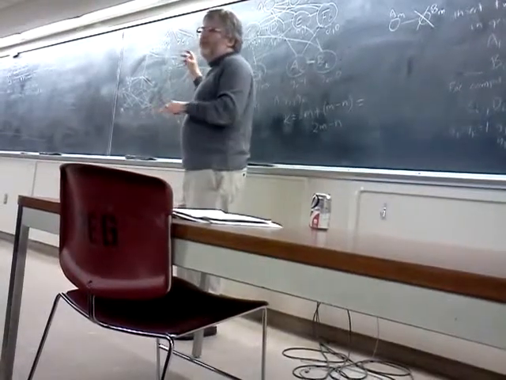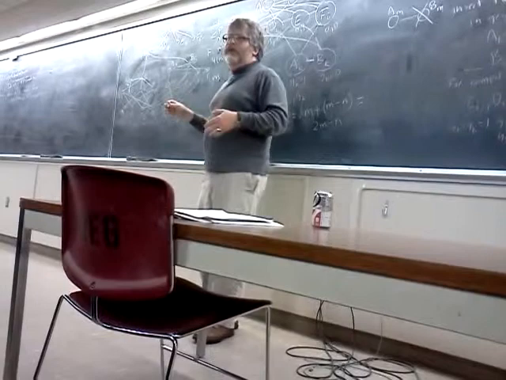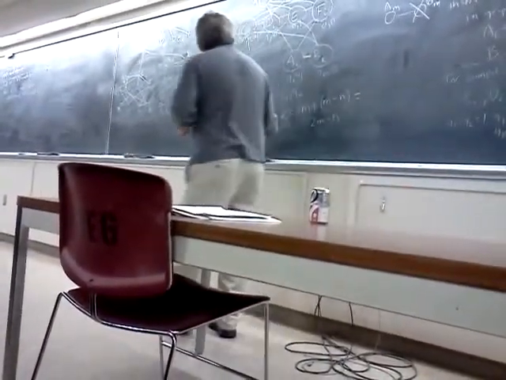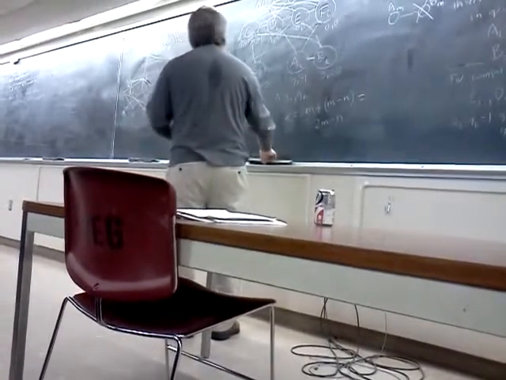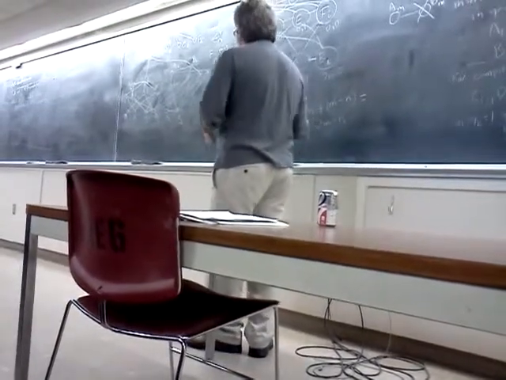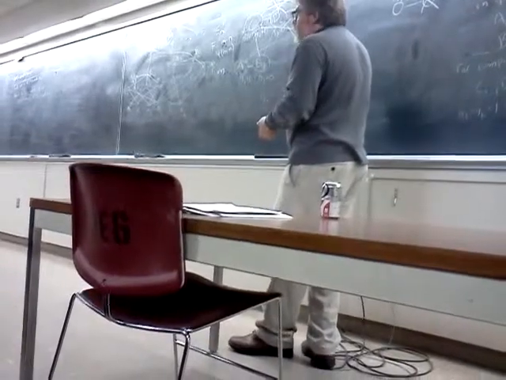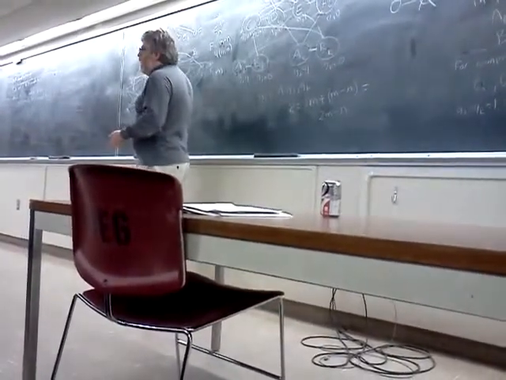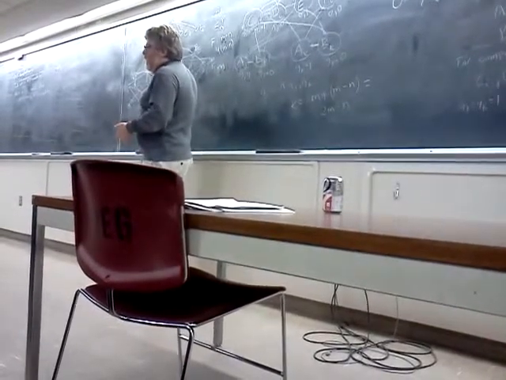Okay, so is it kind of clear what we're doing? Okay. So now what do we have to show about this? We have to say that if there's an independent set of size k here, then there's an assignment that causes the circuit to output 1.